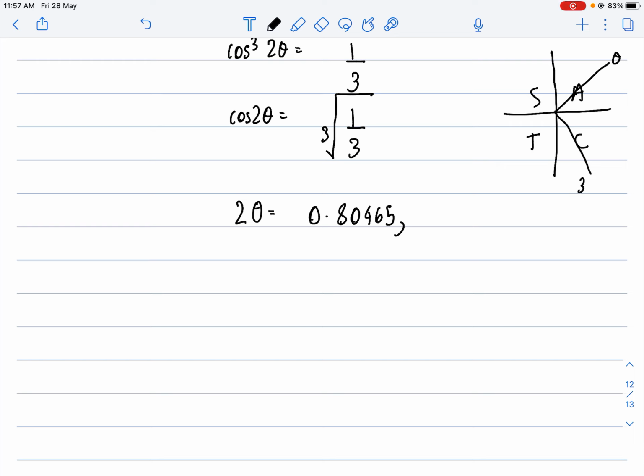For the last quadrant, I do 360 minus theta, or in this case, because it's radians, I do 2 pi minus theta, where theta is the value of the positive quadrant. So I'll simply do 2 pi minus 0.80465. When I do that, I get my answer as 5.4785.